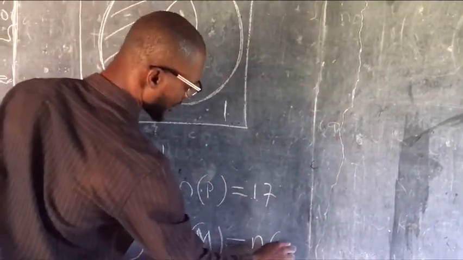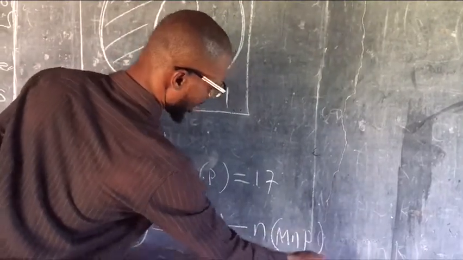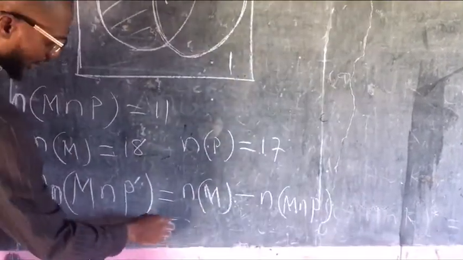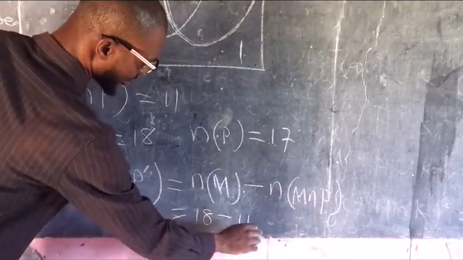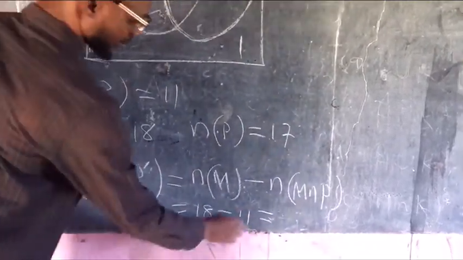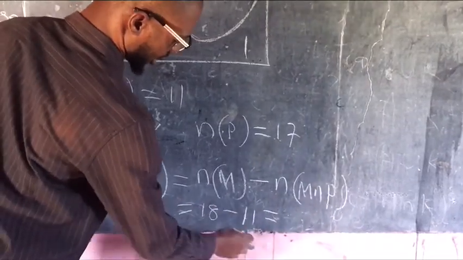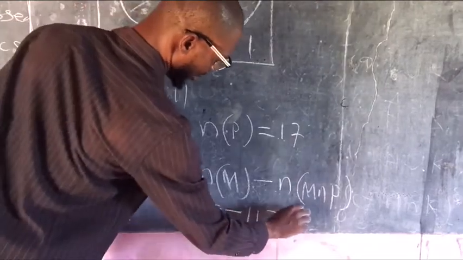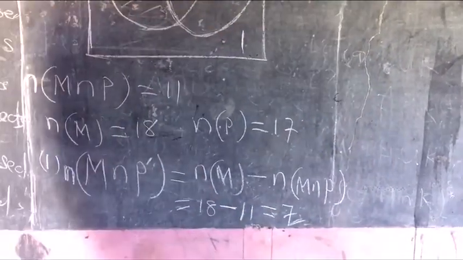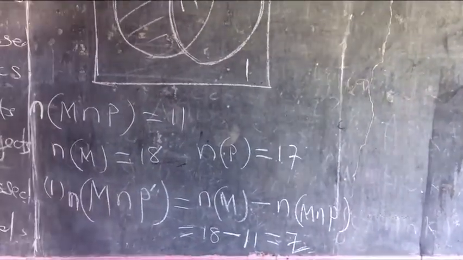M intersect P. So if I do that one, I will get 18 minus 11, and that one will give me 7. So I don answer the first question.